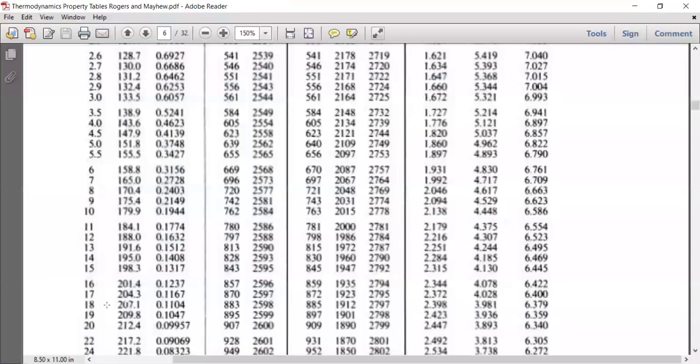See, in the table 207.1. You can see that, 207.1 degrees Celsius.